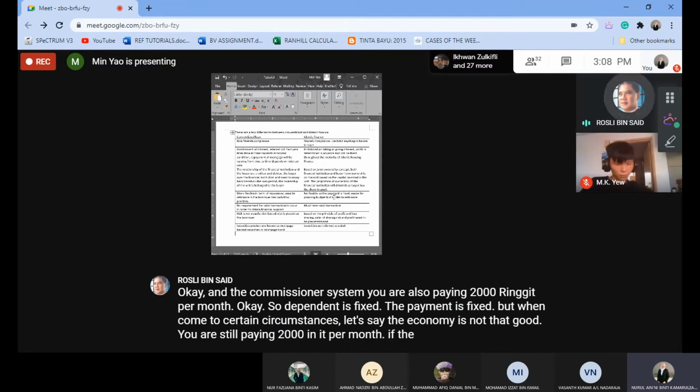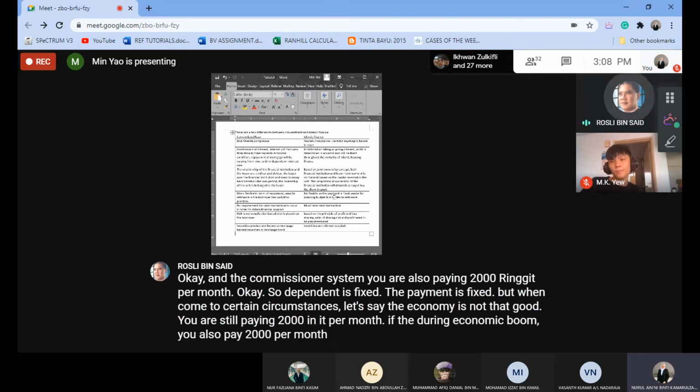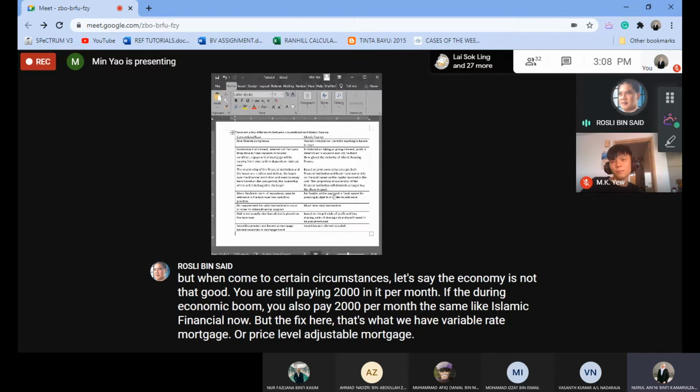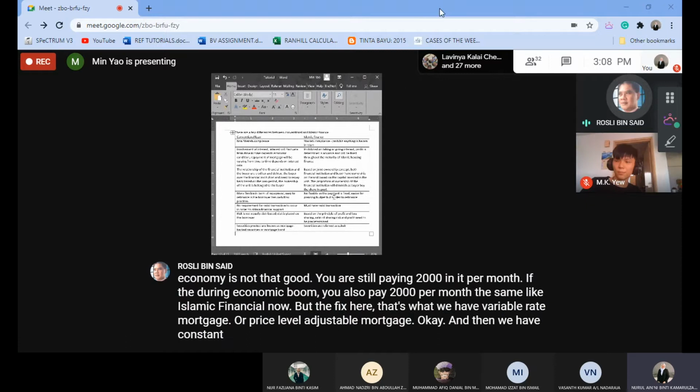During an economic boom, you also pay 2,000 ringgit per month, the same as Islamic finance just now. But because of the fixed payment, that's why we have variable rate mortgage or price level adjustable mortgage. And then we have constant payment mortgage, constant amortization mortgage, and graduated payment mortgage.